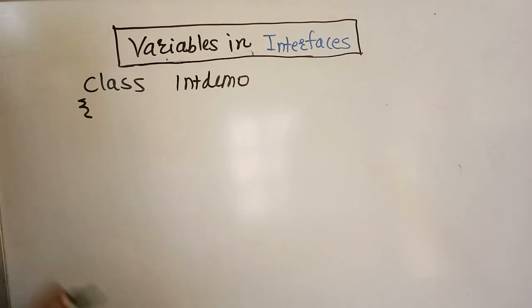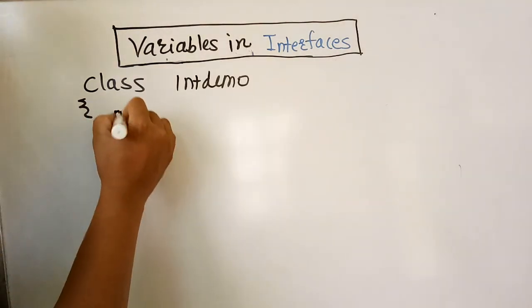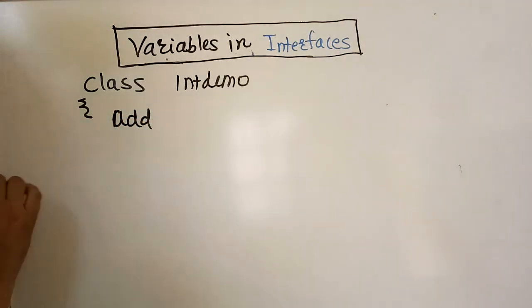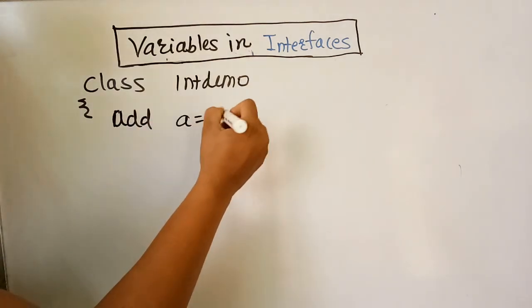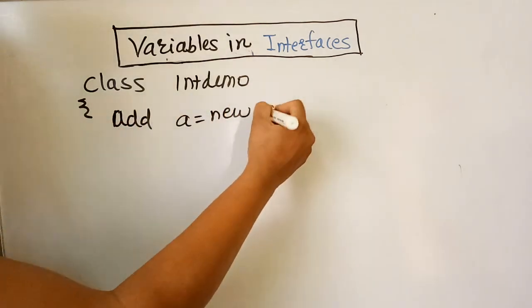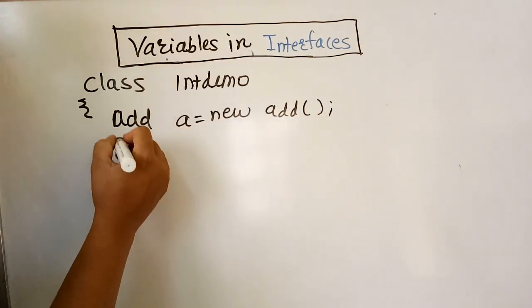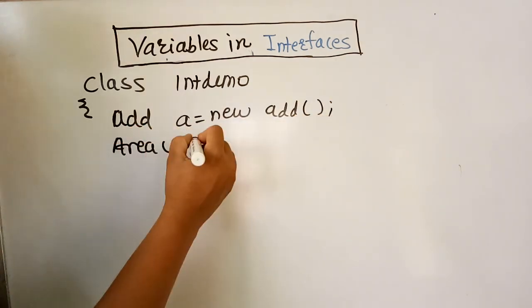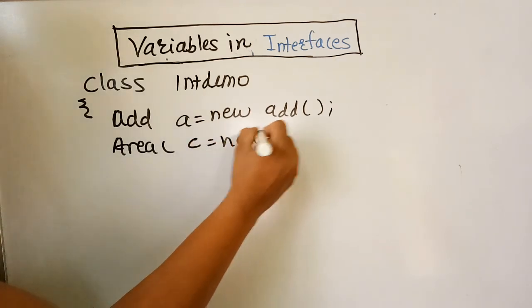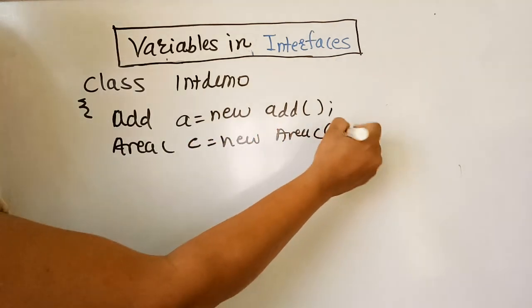Here I will create the objects of the two classes, addition and circle area. For example, class add having the variable a, that is add type a equals new add. Then for the area of circle, c equals new area of circle.